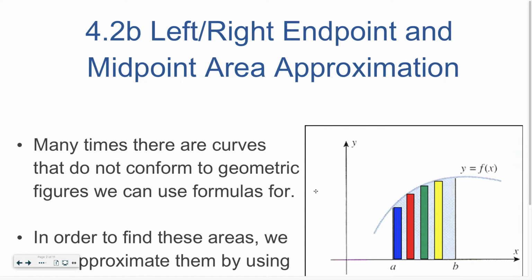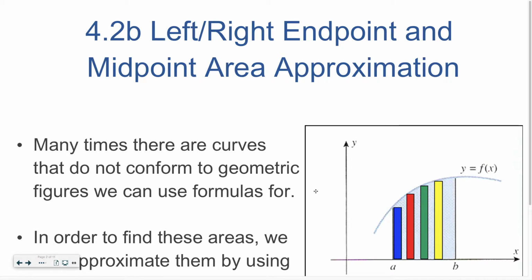We can find the area very quickly for circles and triangles and rectangles and trapezoids, but curves, there's really not a good process for that, okay? So what we're going to do today is find the area under a curve, but approximate it with a shape that's easy for us to find, a rectangle, okay?